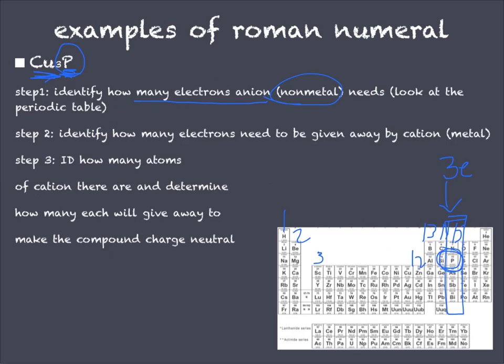I see that copper, there's 3 of them. So each copper only needs to give away 1 to the phosphorus. So for example, I have 3 coppers, 1, 2, 3. I have 1 phosphorus. This phosphorus needs 1, 2, 3 more electrons. So this copper gives away 1, this copper gives away 1, and this copper gives away 1.